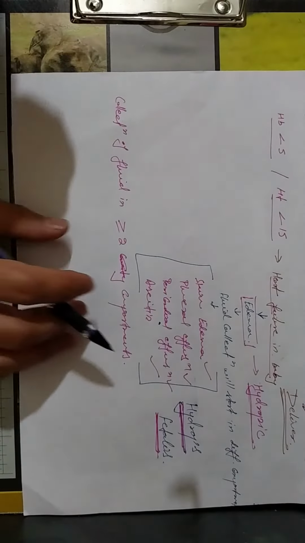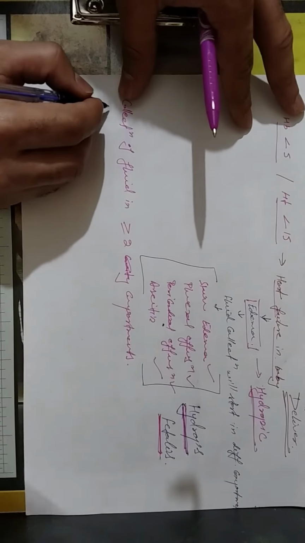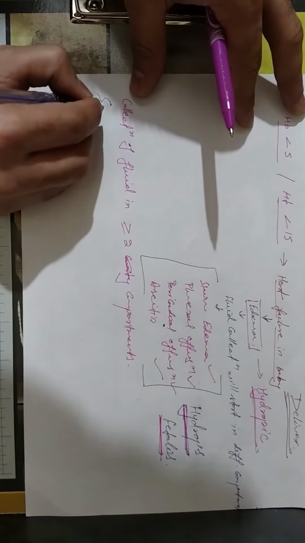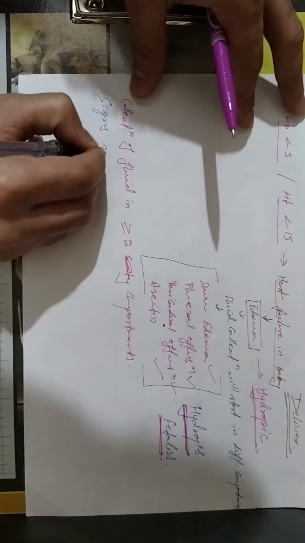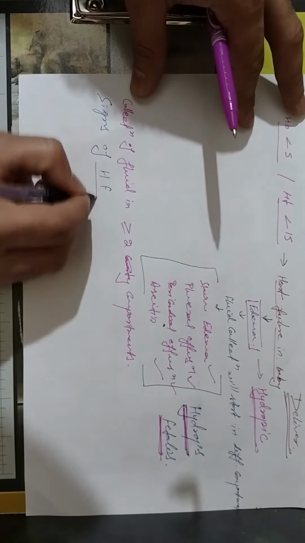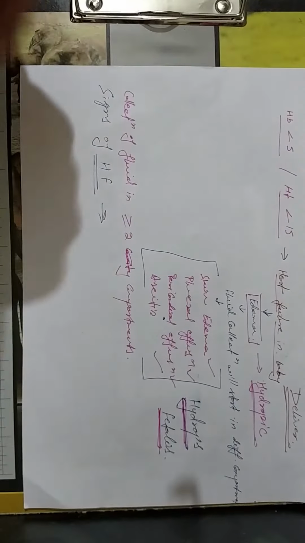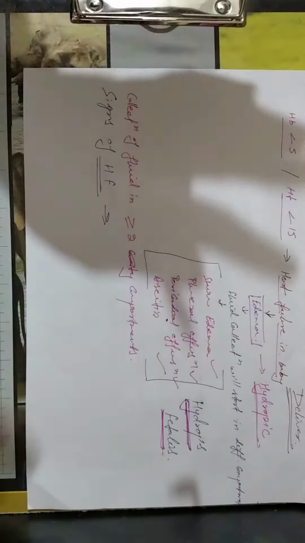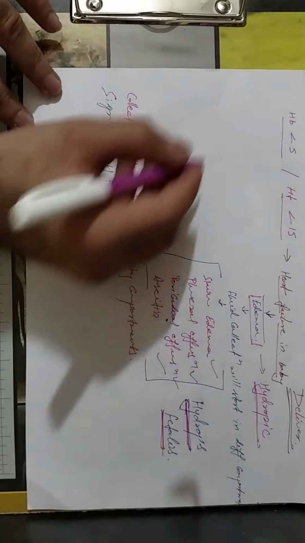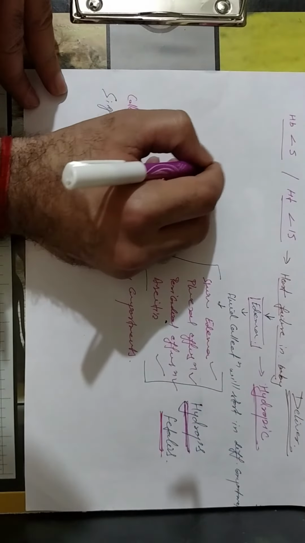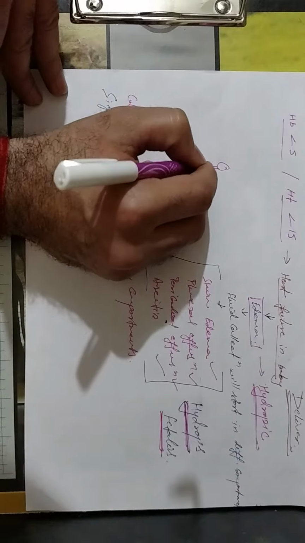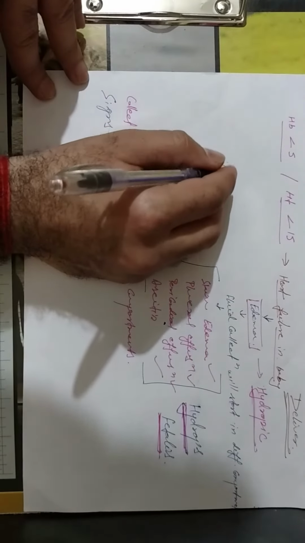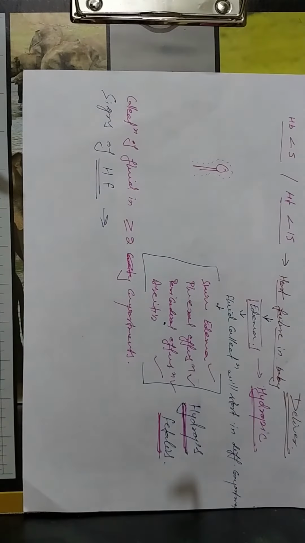Next, they ask you for signs of hydrops fetalis. See guys, have you seen the pictures of Lord Buddha? In his pictures, around his body there is a halo, a kind of light coming from behind his body.